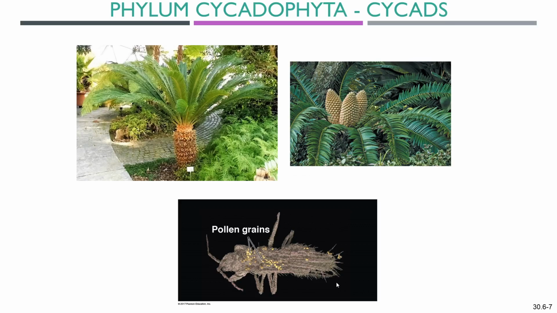Okay, one thing I do want to point out here is that these guys, even though they have pollen, still have flagellated sperm cells. So their pollen grain is not just carrying a sperm nucleus like it will in almost all of the other seed plants, but rather it's carrying an actual flagellated sperm cell.